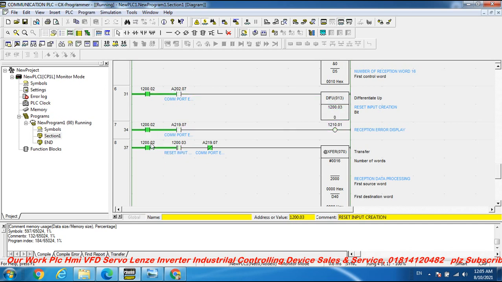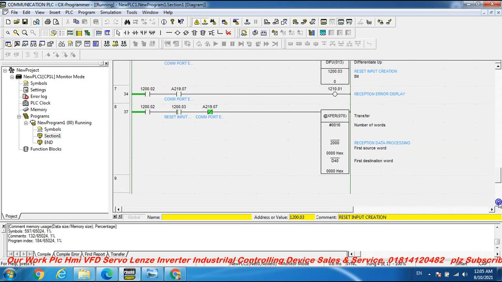And 1200.02 and 1200.03 reset input, and A219.07 complete communication port error. At the rate of XFER, reception data processing, 0016.